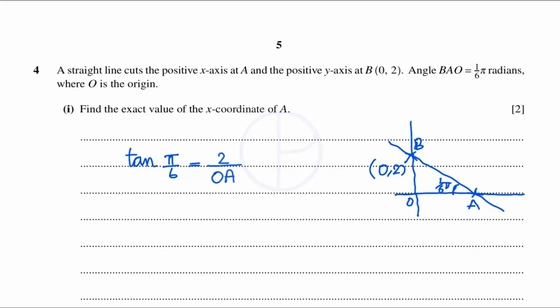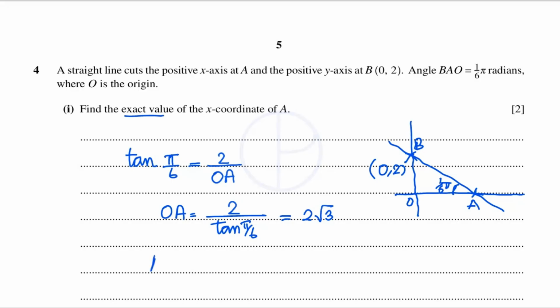Let's make OA the subject. We get OA is equal to 2 over tan pi over 6, which is equal to 2 square root of 3. It's asked for the exact value, so we'll write OA as 2 times square root of 3.